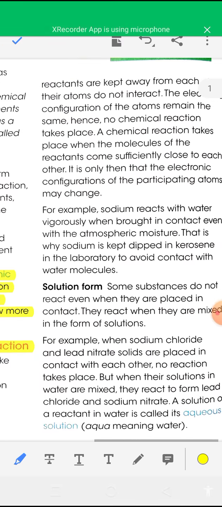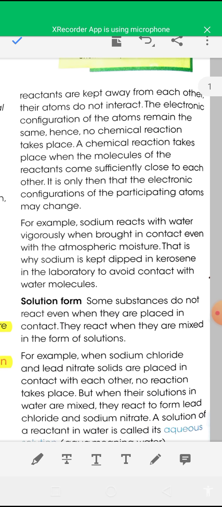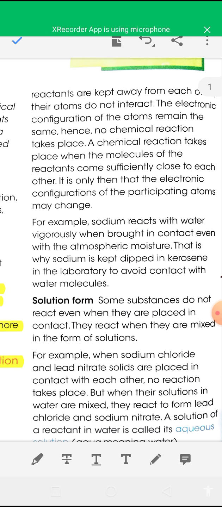When the molecules of reactants are kept away from each other, their atoms do not interact and the electronic configuration of the atoms remains the same. Hence, no chemical reaction takes place when the atoms are kept away from each other.